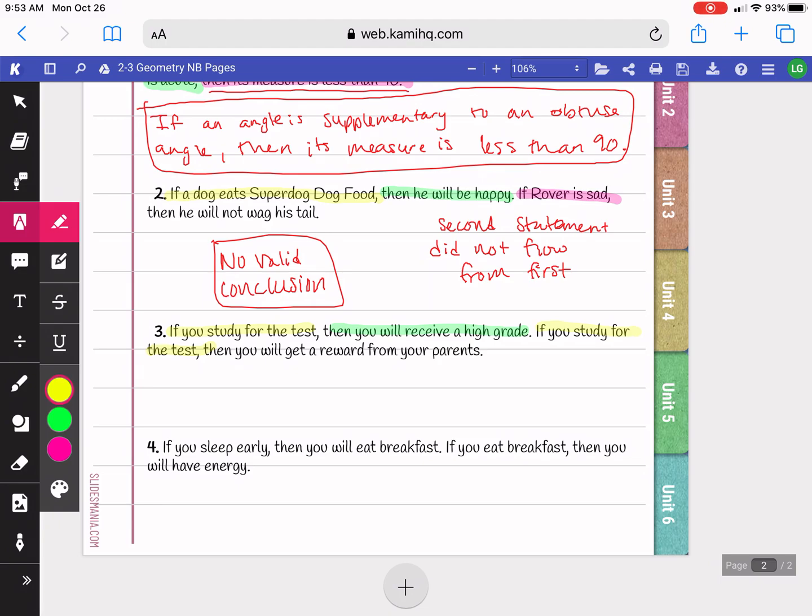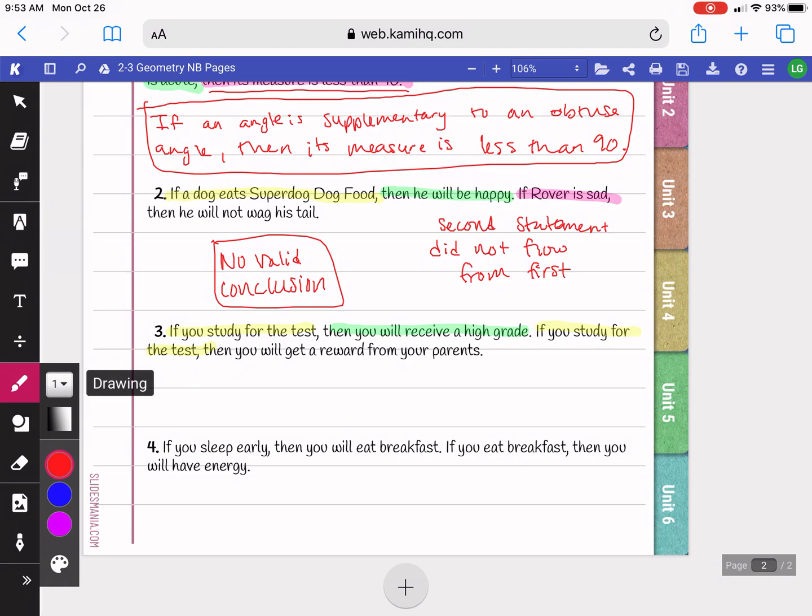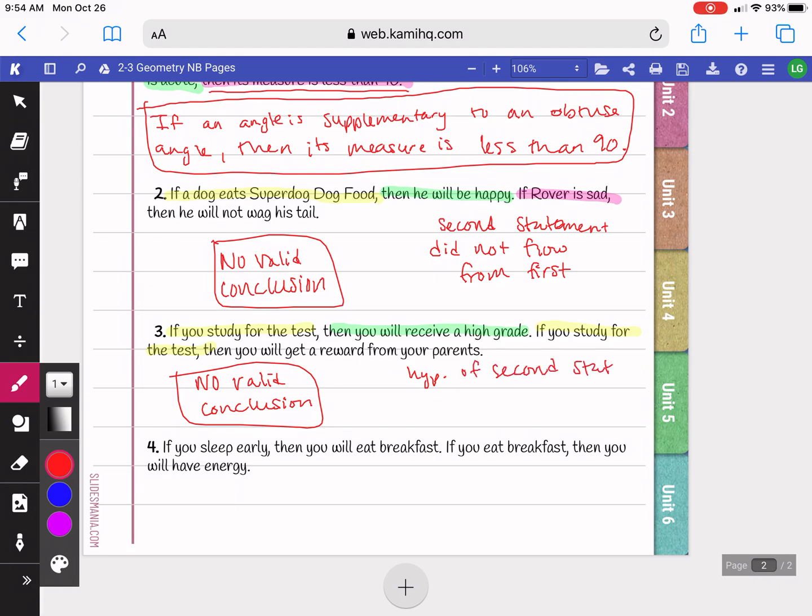There's really nothing new that we can say here. And that's because the hypothesis of our second statement did not flow from the first. So here I would say no valid conclusion, because the hypothesis of the second statement did not match the conclusion from the first.